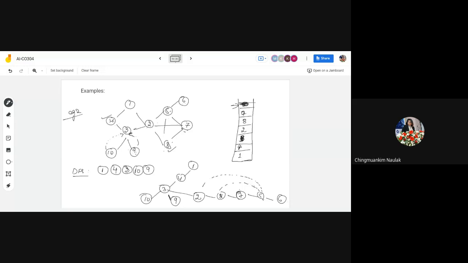7, look at 7 in the graph. You have connection with 5, 8 and 2. 7 is connected to 8, 7 is connected to 5, and there is no connection between 2 and 7 here. So just make a dotted line like this. Okay, and after that pop this out.